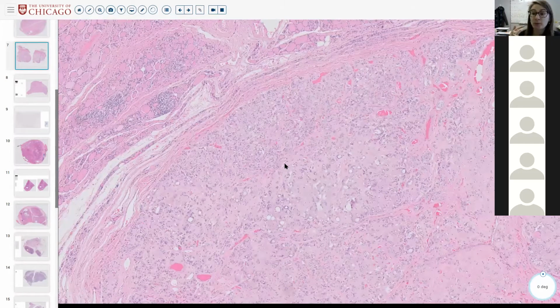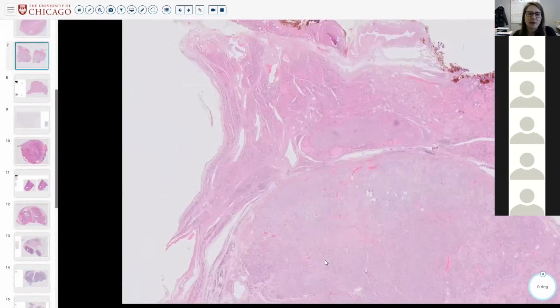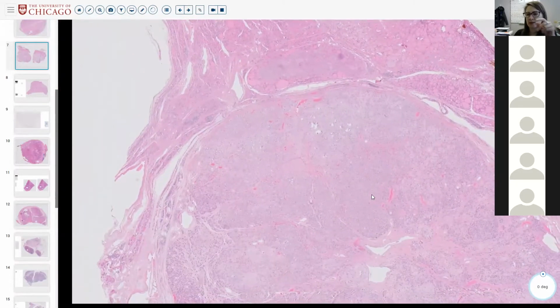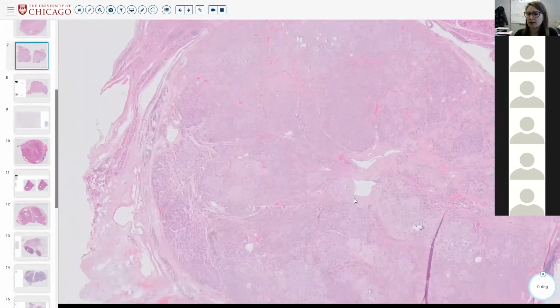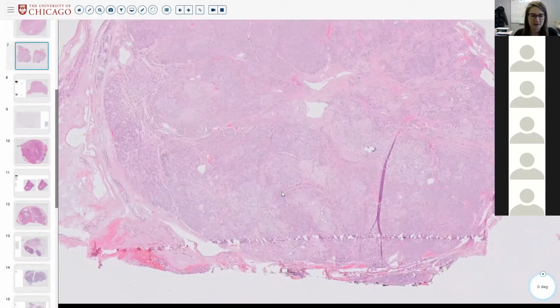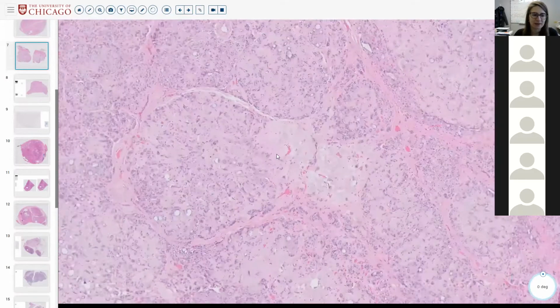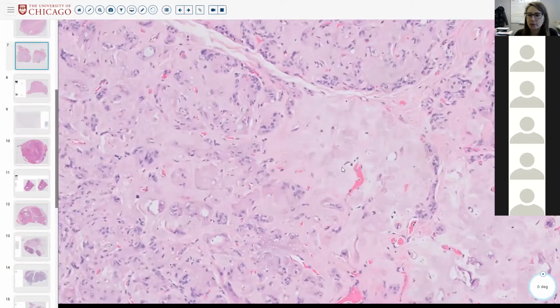Just like NIFTP, it's one of these indeterminate malignant potential diagnoses where you neither call it adenoma nor carcinoma. You call it a tumor because you're 99% certain it won't metastasize, but you're covering yourself for that 1% chance. So this is a great example of a hyalinizing trabecular tumor.